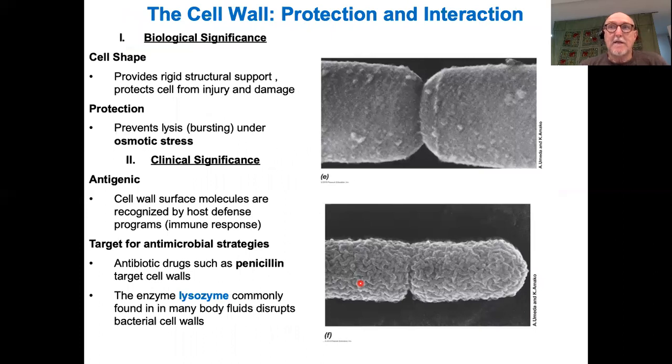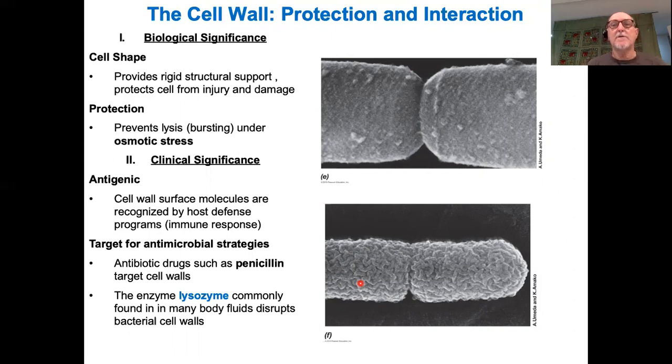Okay, we need to spend a little time talking about the cell wall, because the cell wall is a feature of most bacteria. There are a couple of bacteria that do not have a cell wall, but they are few and far between. Most bacteria have a cell wall, and it has various functions.